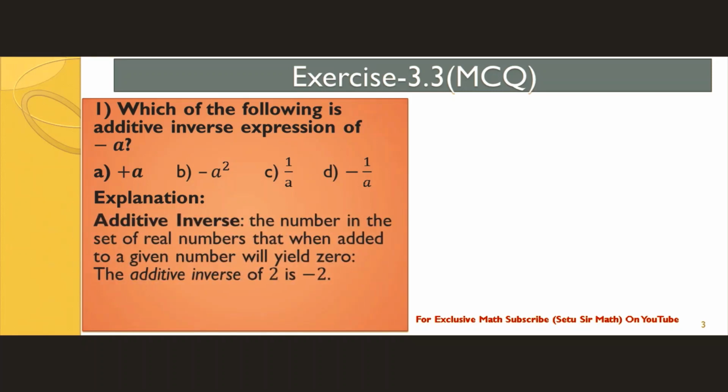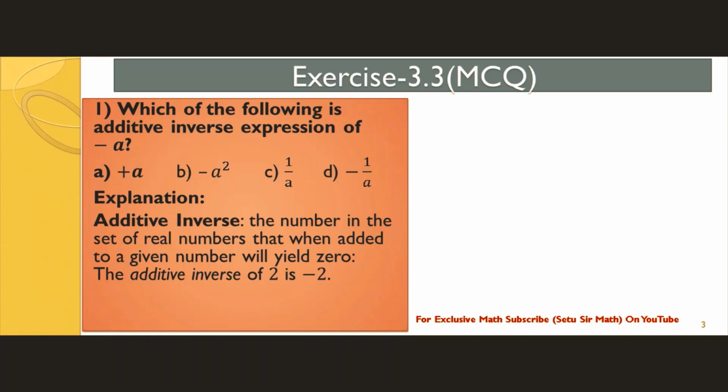At first you have to know the additive inverse. What is additive inverse? The number in the set of real numbers that when added to a given number will yield 0. That means we have to add two numbers. If we add those two numbers, we will get the answer 0.